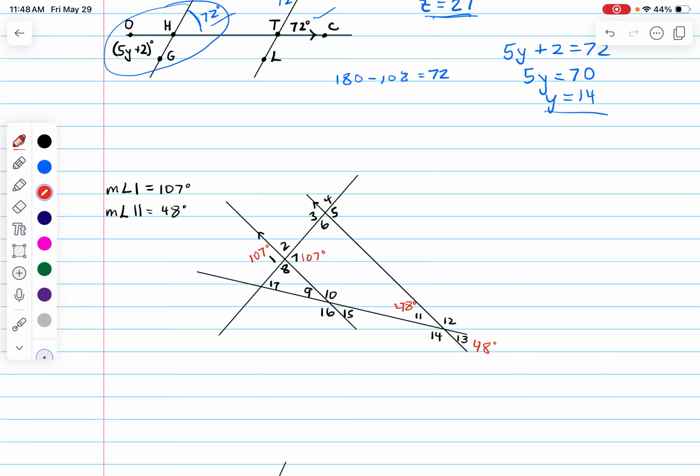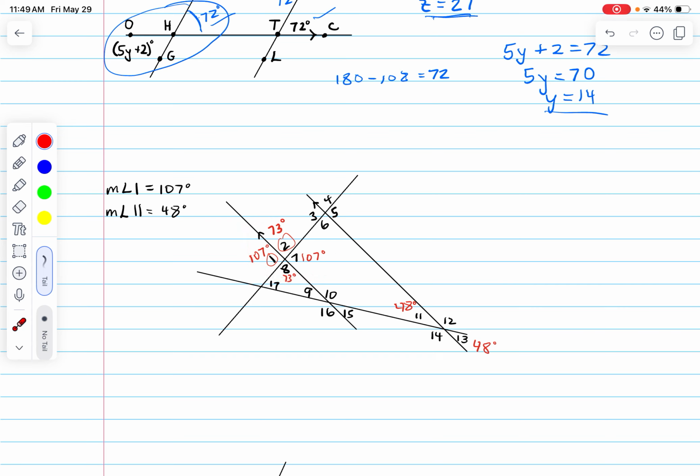Now, there are certain angles that are supplementary, like angle 2 and 1. So angle 2 is going to be 180 minus 107. So this is 73 degrees, and therefore angle 8 is 73 degrees. Now I've got all 4 of these angles right away.